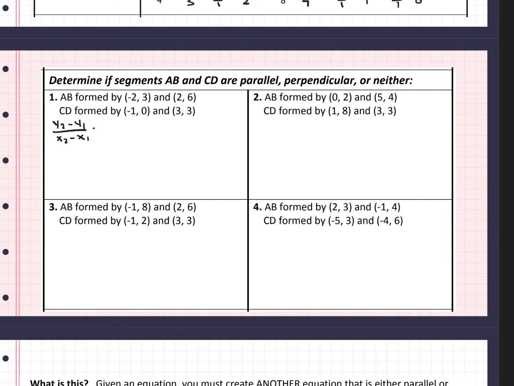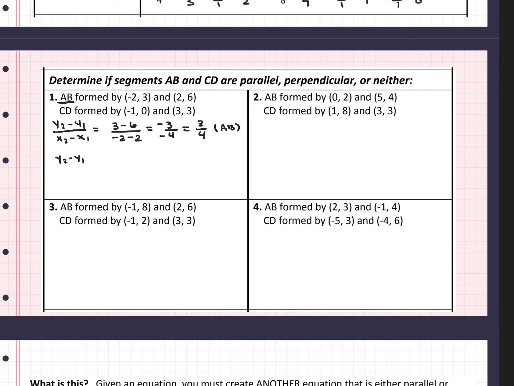So looking at the first 2 points, looking at the line AB, we have 3 minus 6 over -2 minus 2, which gives me -3/-4, which gives me 3/4. All right, so this is for AB.